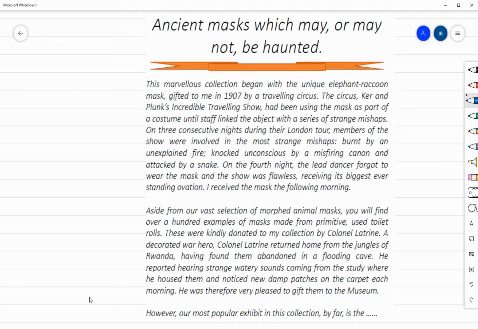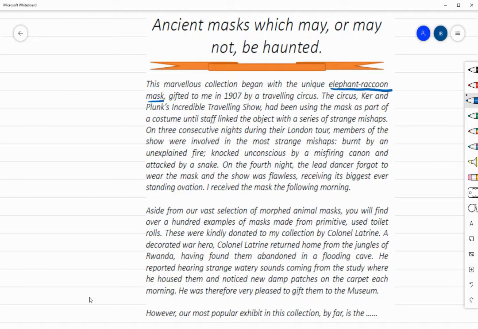Question 1. What was gifted to Randolph Bones in 1907? If you wrote down or said the elephant raccoon mask, well done. Number 2.